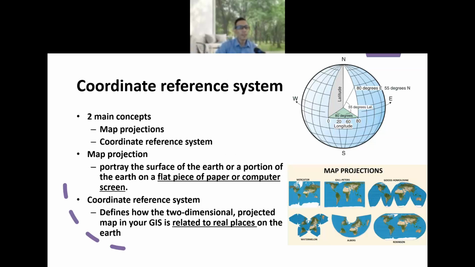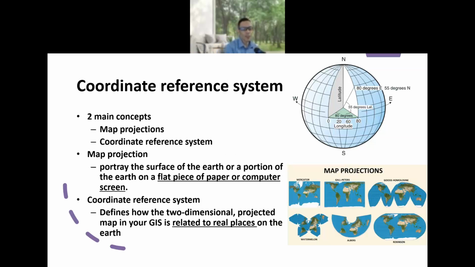Like when you look at GPS in the car, when you set your Waze or Google Maps, right? The map is on your phone, flat, right? But it is not flat actually, unless you are a flat earth person, you know.